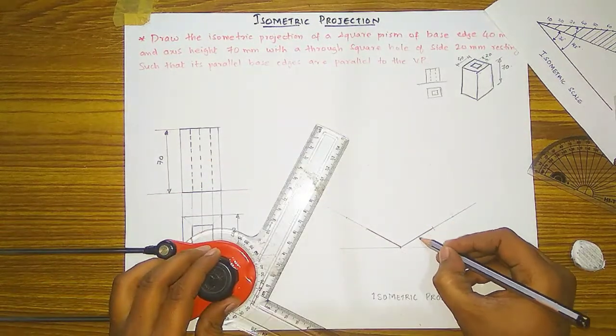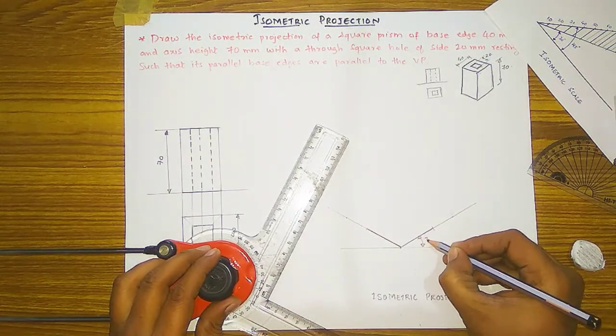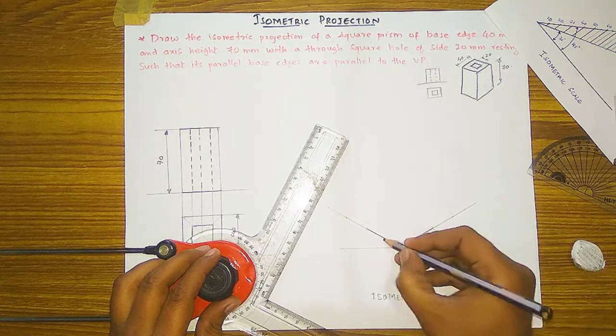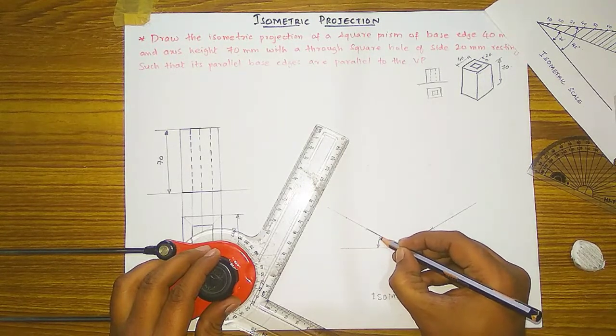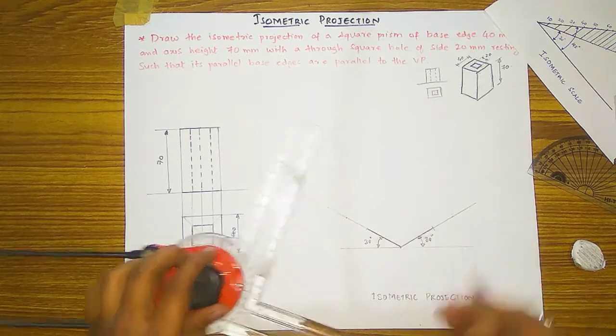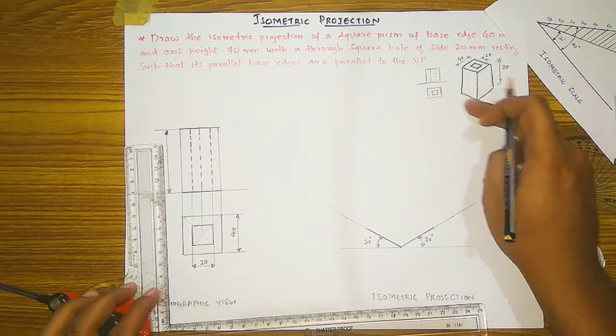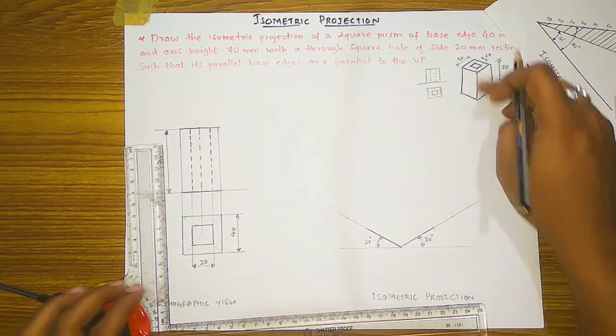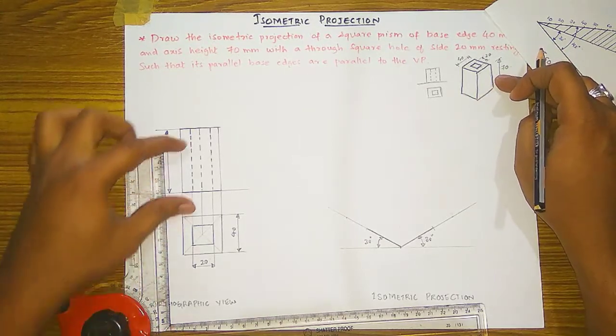Show this angle, we have taken a 30-degree angle, and this angle also. Then you have drawn these two lines.